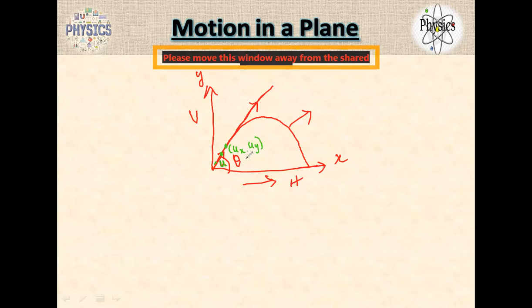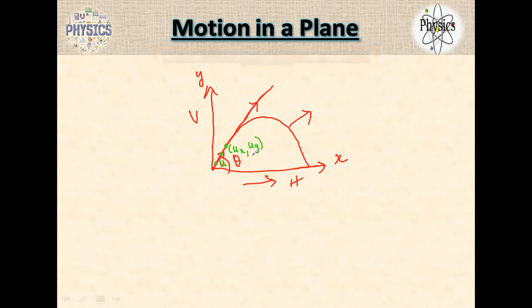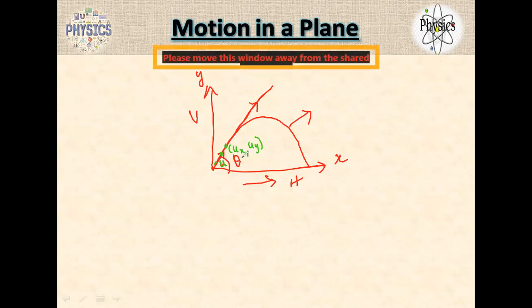Why are you writing these, sir? Because I want to describe this object in terms of velocity components, not coordinates of x comma y. I don't need that, because I'm very much interested in describing the velocity components of this object.